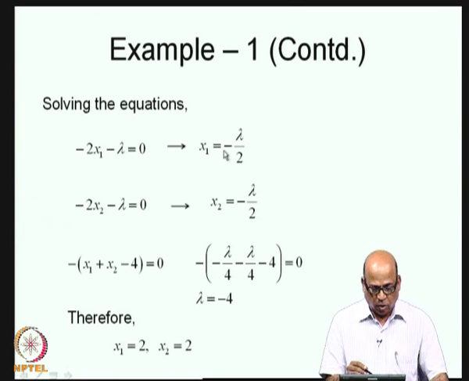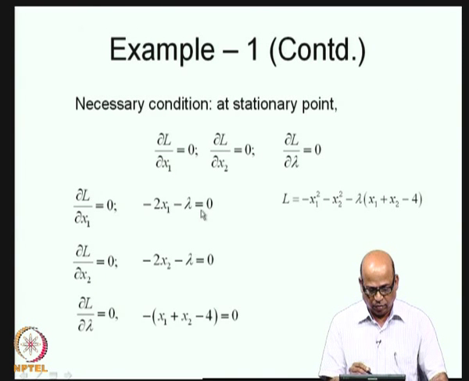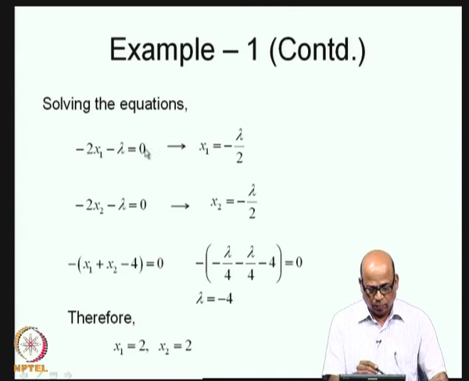Then we solve these equations. Minus 2 x1 minus lambda is equal to 0, this is this equation, minus 2 x2 minus lambda is equal to 0 and x1 plus x2 minus 4 is equal to 0. So, we solve these equations to get x1 is equal to minus lambda by 2 here and x2 is equal to minus lambda by 2 here, and the third one yields x1 plus x2 minus 4 is equal to 0.